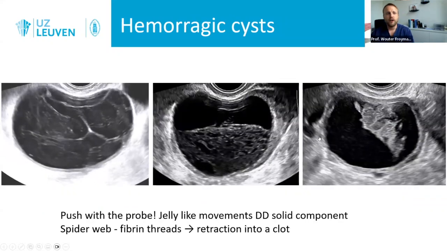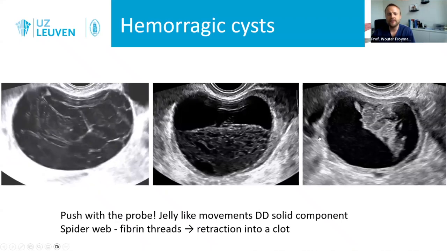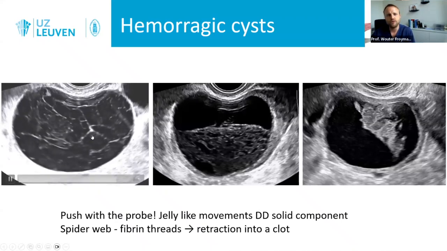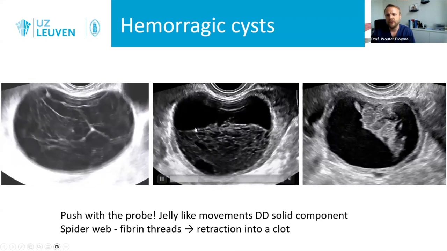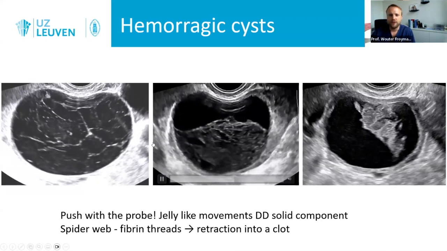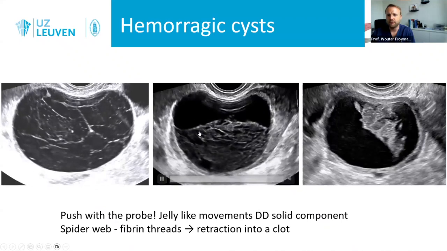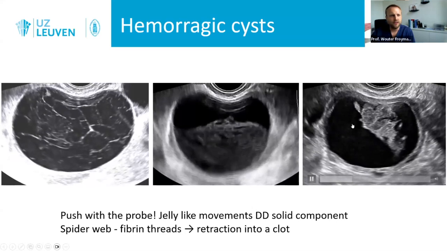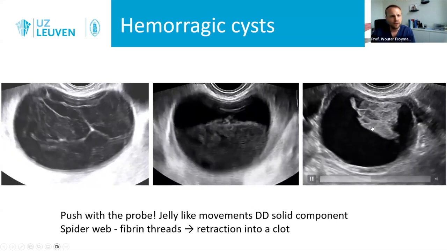And sometimes when there's more hemorrhage, when it's a hemorrhagic cyst, you see the blood clots. And if you push with your ultrasound probe, you will see it moves like in a jelly wave fashion. Sometimes the clot will be retracting and get more and more dense. And now and then we get patients referred for a lesion that is suspected to be containing a solid component.